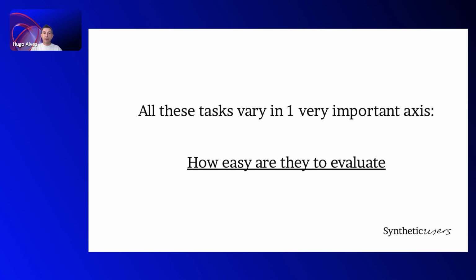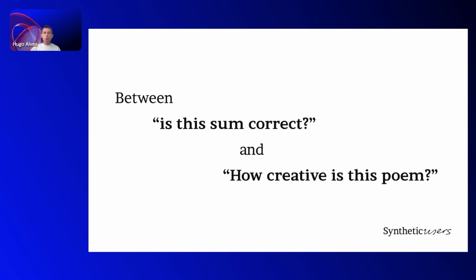And all these tasks vary in one really important axis: how easy are they to evaluate? That's what we're trying to understand here today, how do we evaluate them? And it varies a lot. On the one side we have tasks that are really easy to evaluate, like math. If we ask a large language model, what's the sum of 2 plus 2, and it answers 4, that's a verifiable question that we can easily check is correct or not.